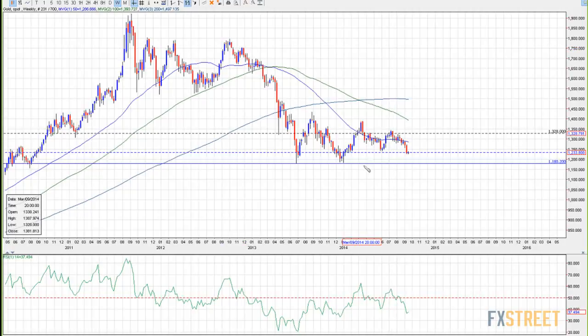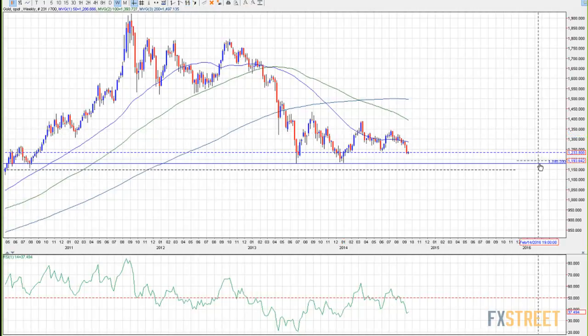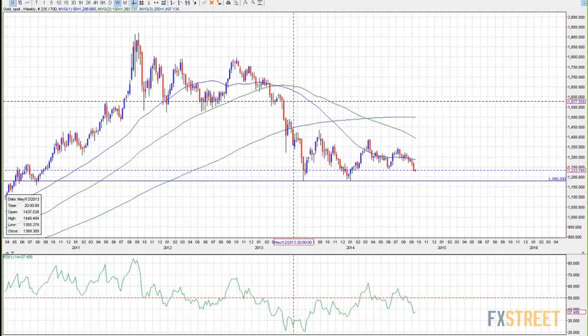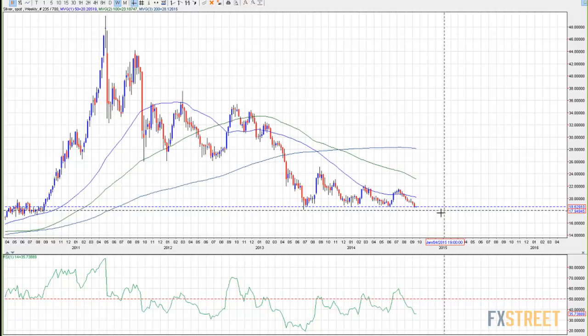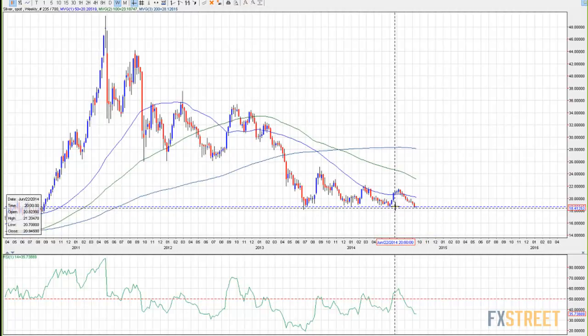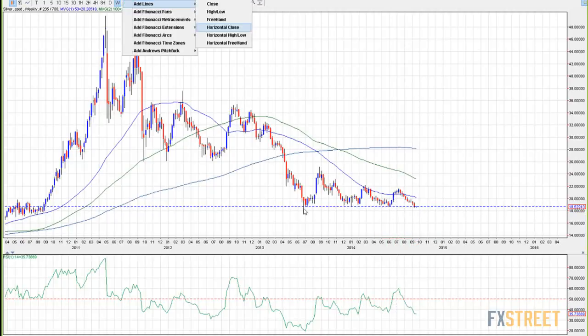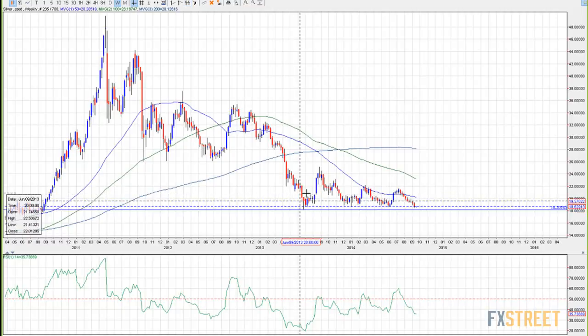Okay, so another reason I believe gold will continue lower is because we already saw that in silver. Okay, when we look at the weekly chart, it's very similar to gold, and silver is already making fresh lows on the year. Okay, its next support will be that 2013 low at 18.20.